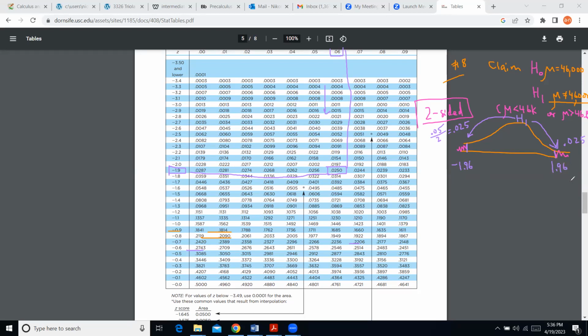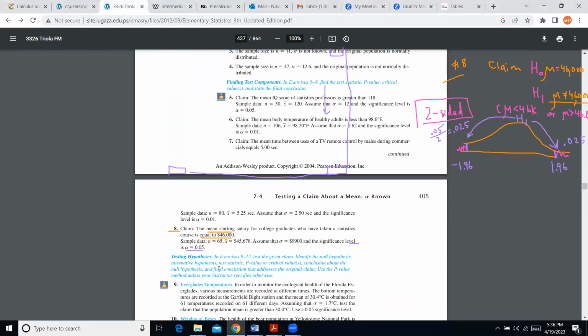And this is where I'm going to have the comparison number for the data that we're about to calculate using the favorite z-score formula, right? That's x-bar minus mean divided by standard deviation over square root of n, where n is the sample size, and x-bar is the sample mean, because we have here a sample of size 65.